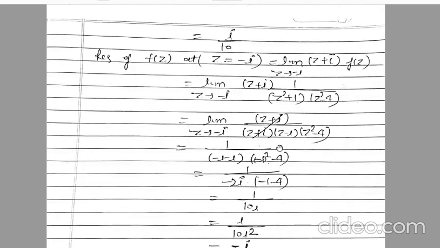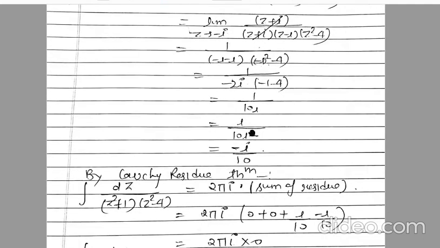Now, residue of f(z) at z equal to minus iota. This is also a simple pole, so apply the simple pole formula. Limit z tends to minus iota of (z plus I) into f(z). Z square plus 1 you can write as (z plus I)(z minus I).